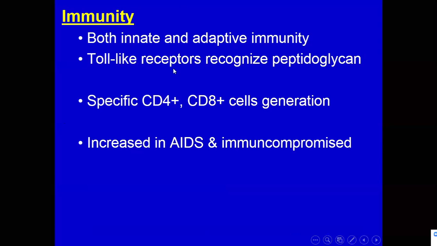If the patient is deficient in these cells, like in AIDS or HIV infection with deficient CD4, that is why infection with Listeria monocytogenes is increased in AIDS and in immunocompromised patients, because they have defective cell-mediated immunity.